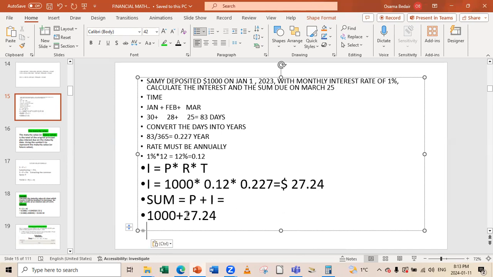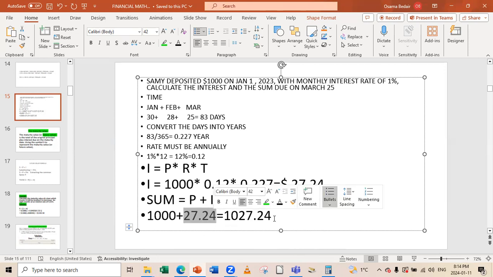So the whole will equal 1,027.24. So the amount will be the principal, which I deposited in the bank, plus the interest which I got in this period of time.